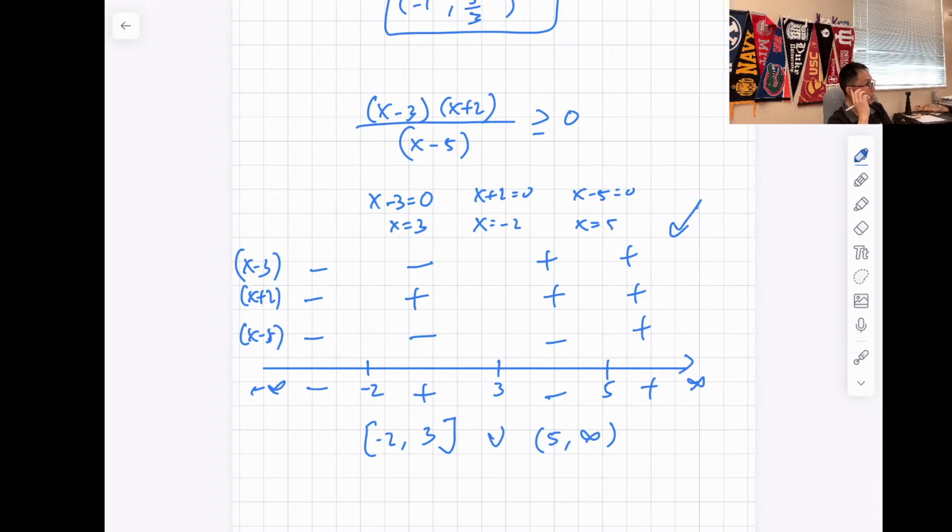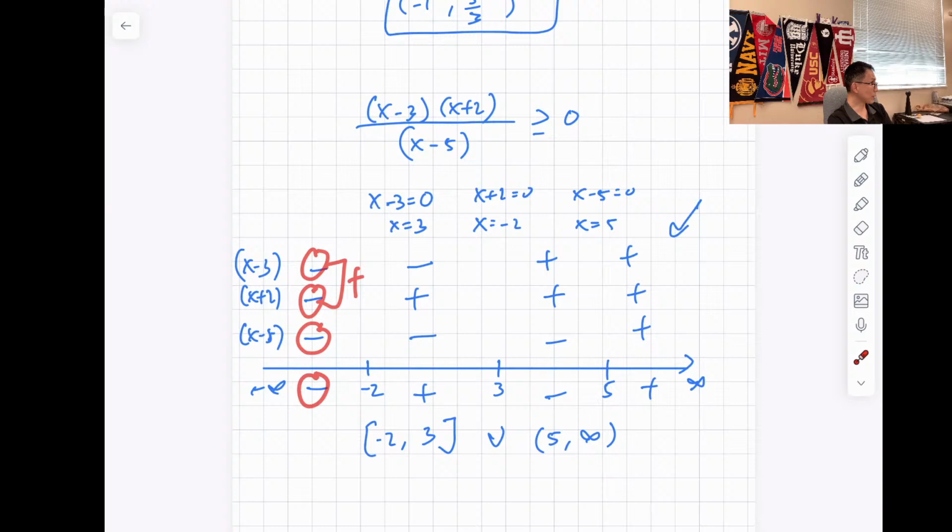Can you explain how you get the negative versus positive? Where? The top or bottom? This part or this part? The bottom part? Okay. So just think about if you have a negative number times negative number, right? That becomes what? Positive. And then this one is positive times negative. So positive times negative is being turned again negative.